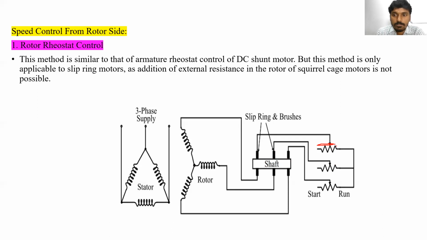Here we are using resistance. For example, if this is the supply and we use a resistance across this supply, we are connecting the resistance as a load, and whenever the resistance is connected, the energy will be wasted in the form of heat.